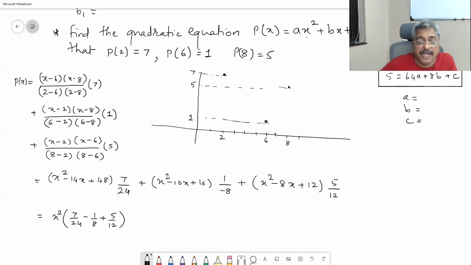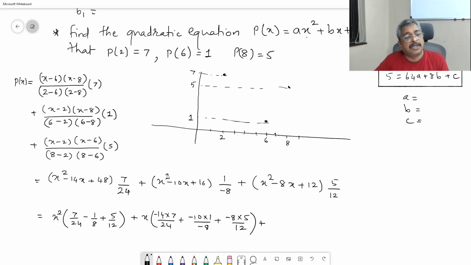That is the value of a that you have there, plus what is the coefficient of x? 14 into 7 minus 14 into 7 upon 24 plus minus 10 into 1 upon minus 8 plus minus 8 into 5 upon, well, that is the coefficient of x.